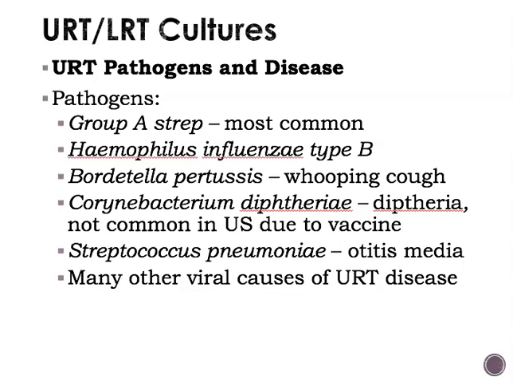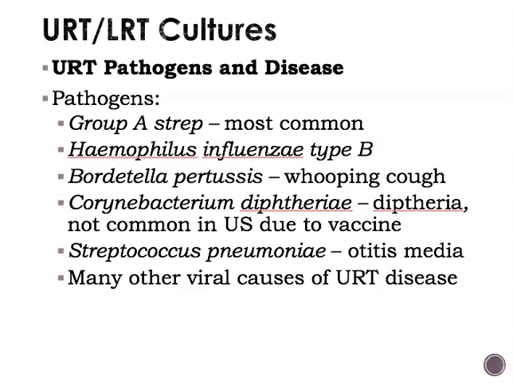The toxin can spread and be absorbed into the bloodstream and can cause organ damage. Strep pneumoniae, we talked about this one as part of our normal flora, but in immunocompromised patients, it can lead to infections and diseases. Otitis media is one of those that it causes.